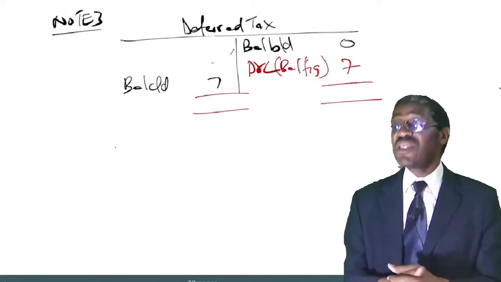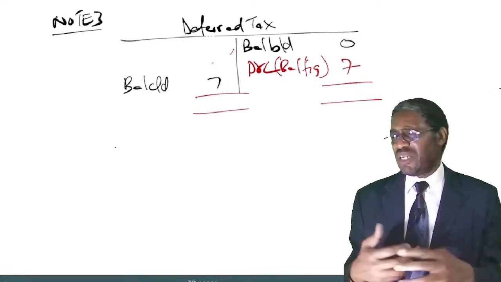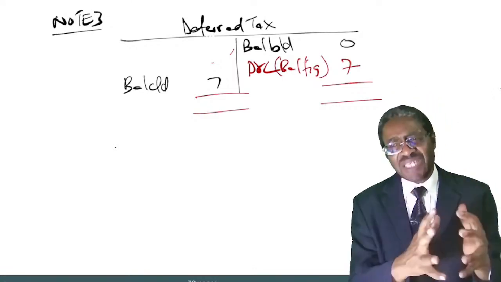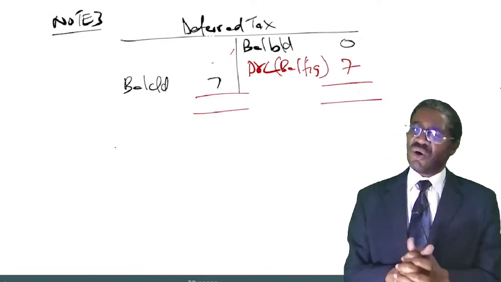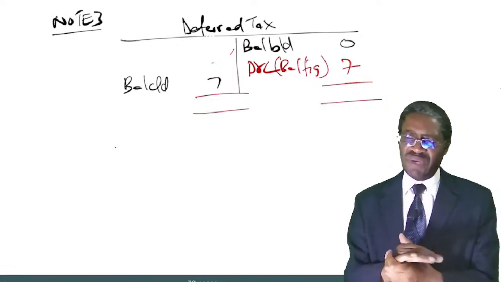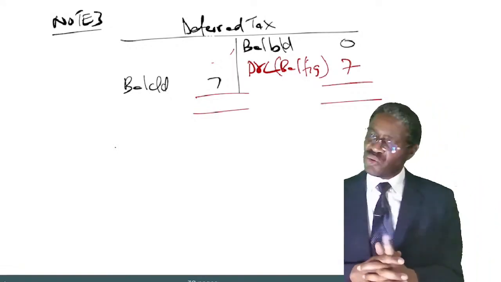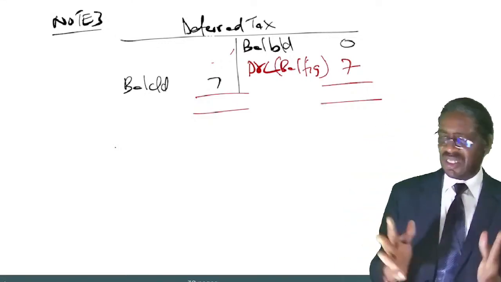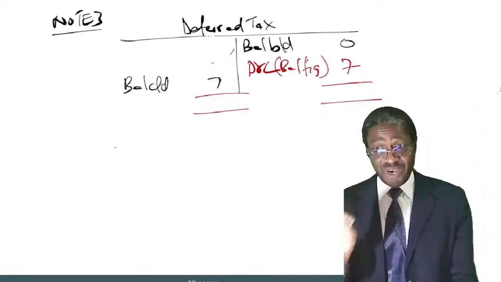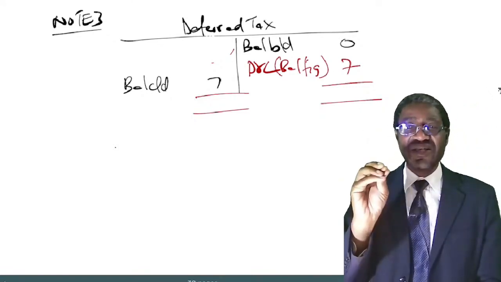So that's all the examiner was testing you on in note number 4: that there was a plant and equipment which had a cost of 15 million with an accumulated depreciation of 3 million, which was disposed on 1st January 2014. Then, of course, another asset was impaired. Forget about the impairment for now. First, we want to concentrate on the disposal.